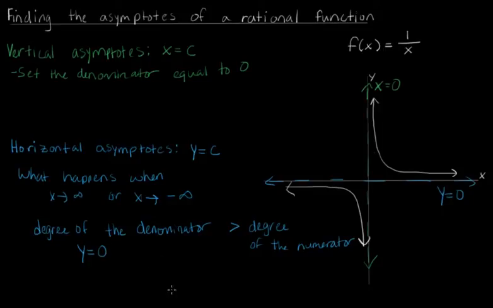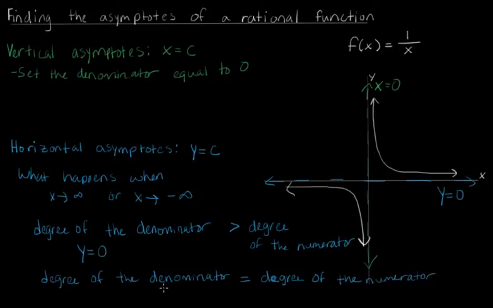So if the degree of the denominator is equal to the degree of the numerator, then what's going to happen is whatever your leading coefficients are, it's going to be that.